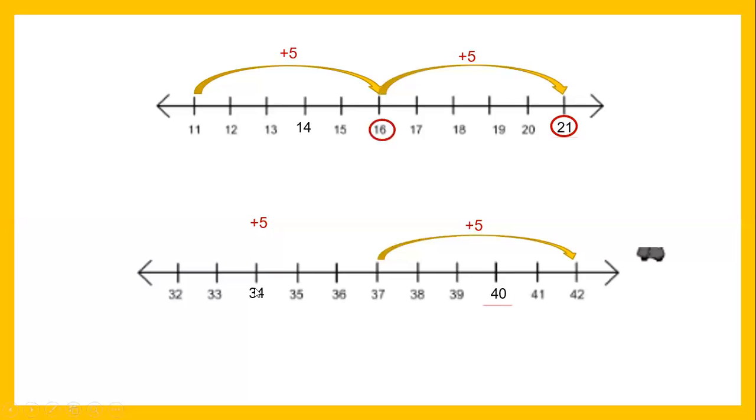Next, down from 32, it becomes 37, and 37 becomes 42. So we count 5: 1, 2, 3, 4, 5. So 37, we count again: 1, 2, 3, 4, 5. It becomes 42, and so on and so forth.